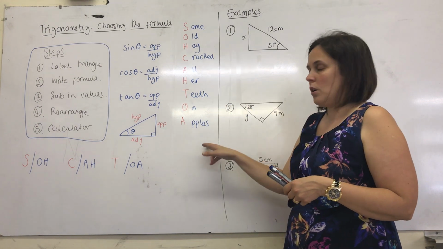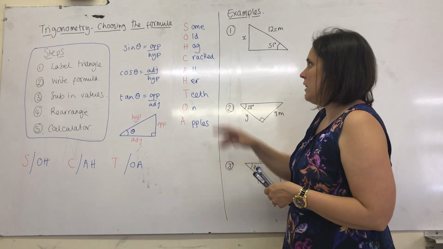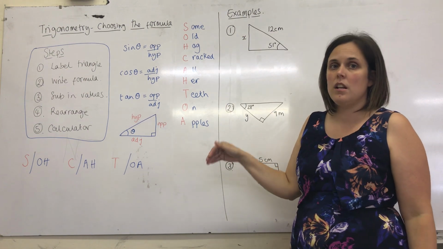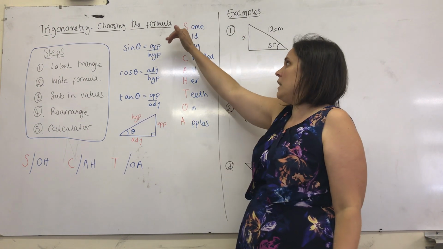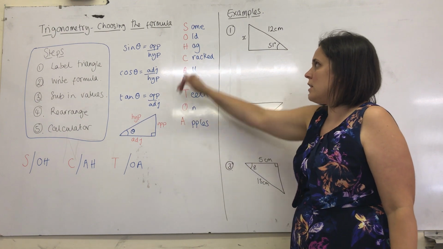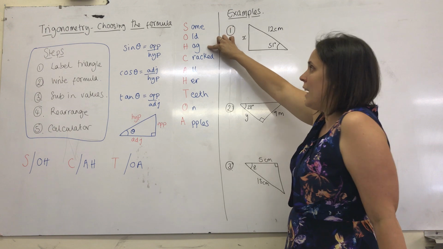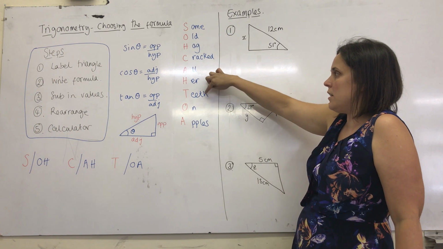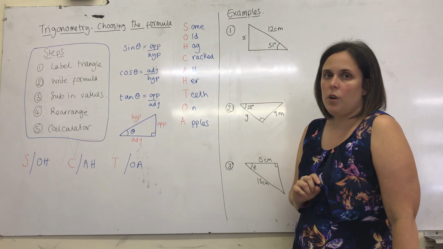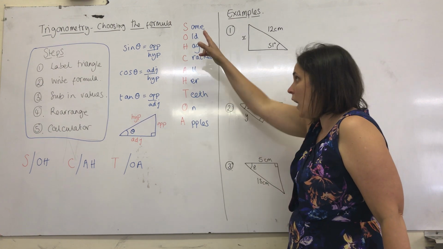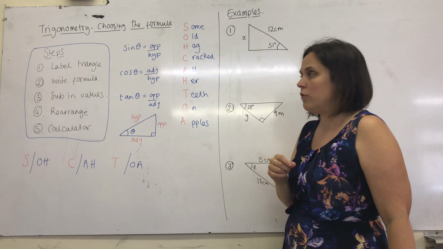Now I've given you an example here, and this is basically where I've given you a sentence where the beginnings of each of the words spell out SOHCAHTOA. So, some old hag cracked all her teeth on apples. So basically it's just a way of remembering what the 3 formulae are.